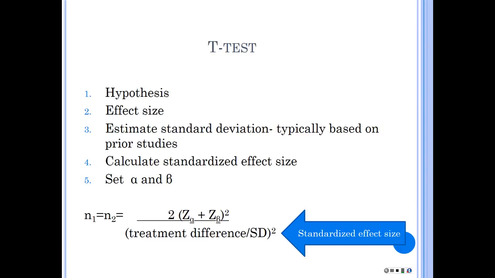The standardized effect size is the bottom portion of that equation there. And this here is the equation that you would use if you were calculating by hand a sample size estimate for a t-test and continuous data. The standardized effect size is the treatment difference divided by the standard deviation, just like we said in the last slide.